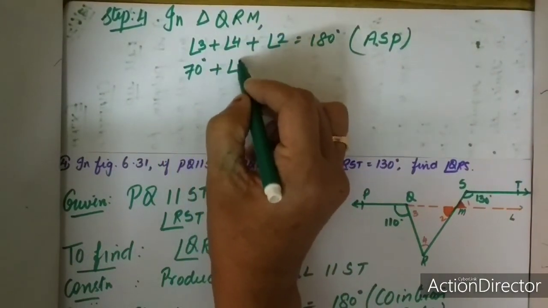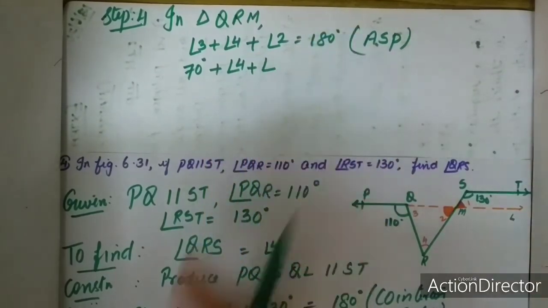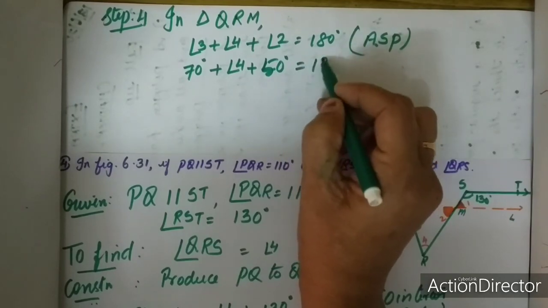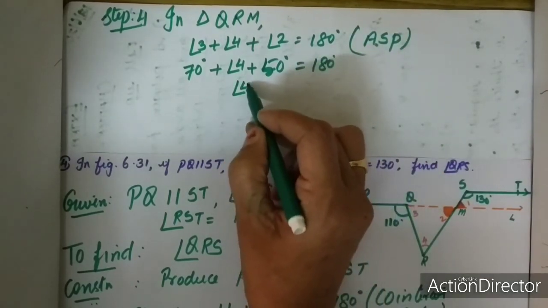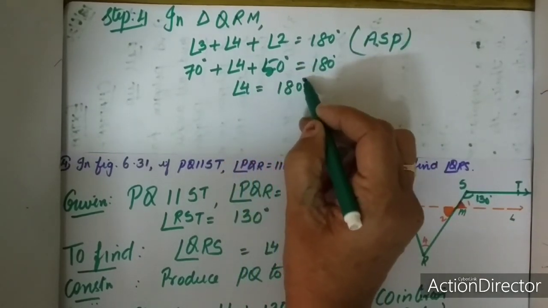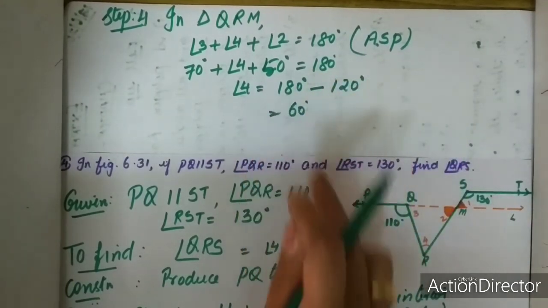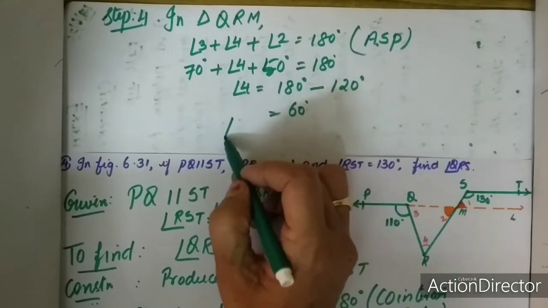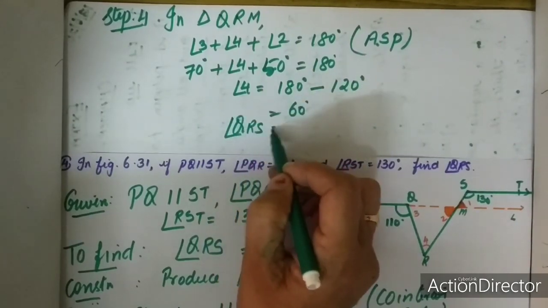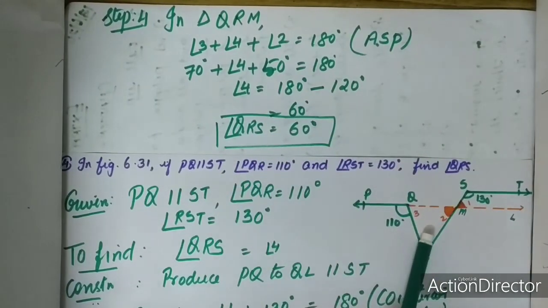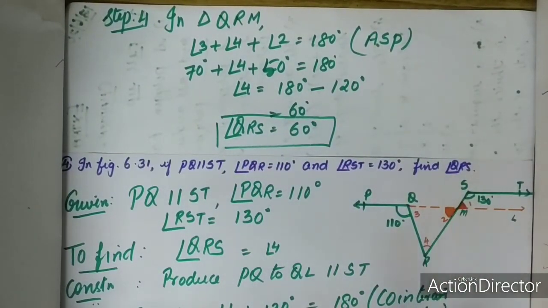Angle 4 you have to find out. Angle 2 is 50 degree. So which is equal to 180 degree, or angle 4 will be equal to 180 minus 120 degree, which is equal to 60 degree. What is angle 4? You can write it as QRS. Angle QRS is equal to 60 degree. So it's very easily you can find this angle by angle sum property.